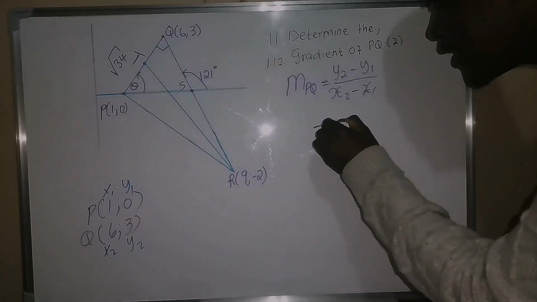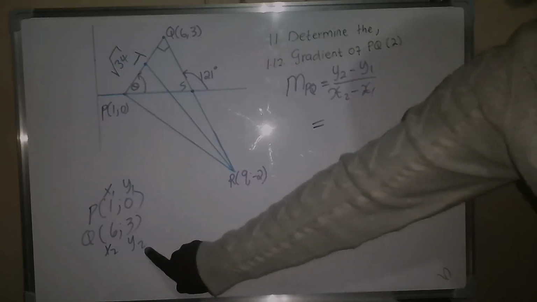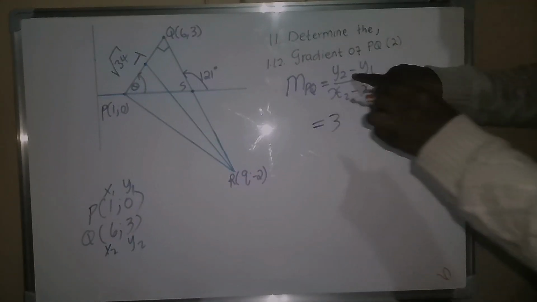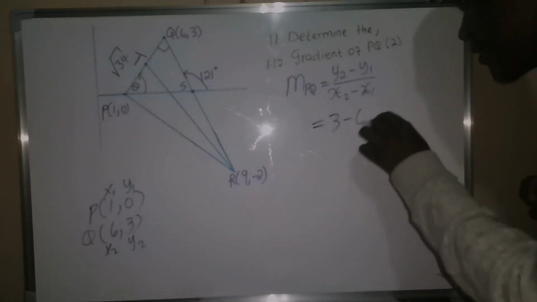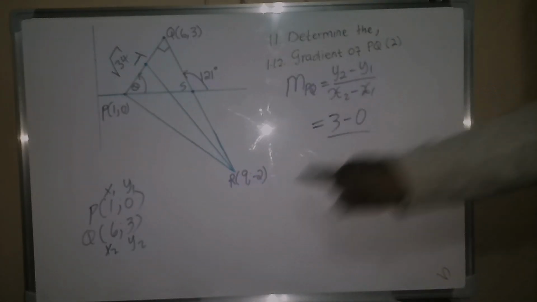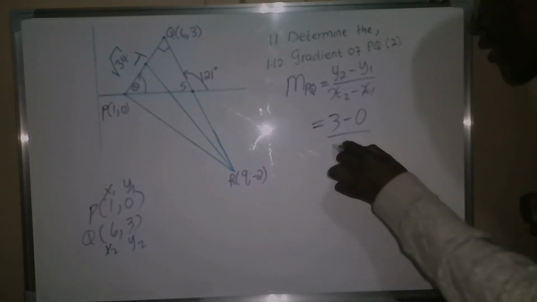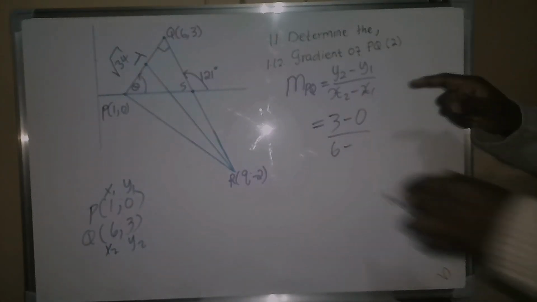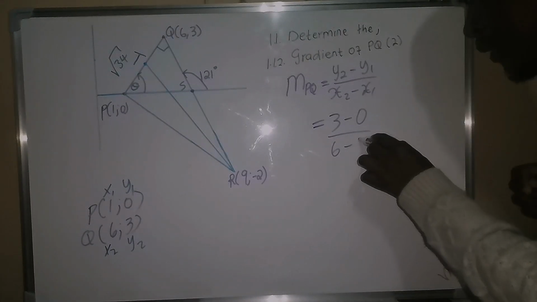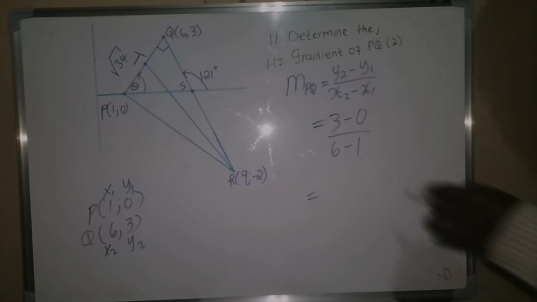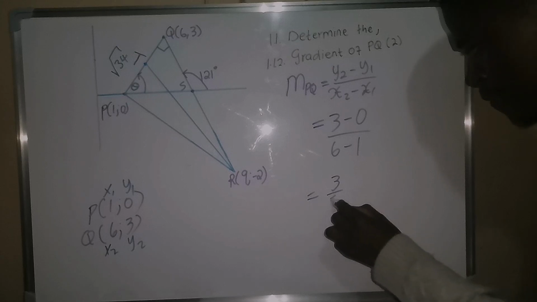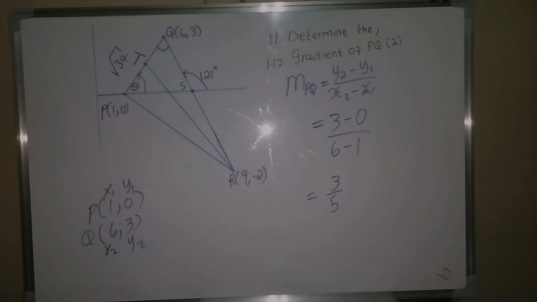What is our y2? 3. 3 minus, what is our y1? 0. 3 minus 0, divided by, what is our x2? 6. 6 minus, what is our x1? 1. 6 minus 1. You put this on your calculator. Your calculator will give you 3 over 5. This is the gradient of that line.